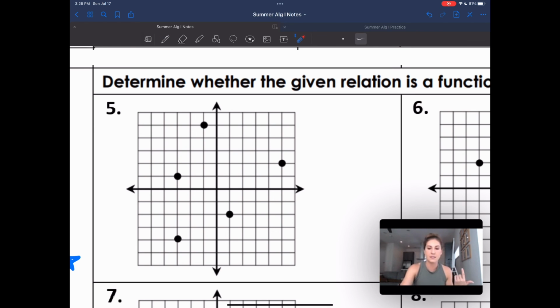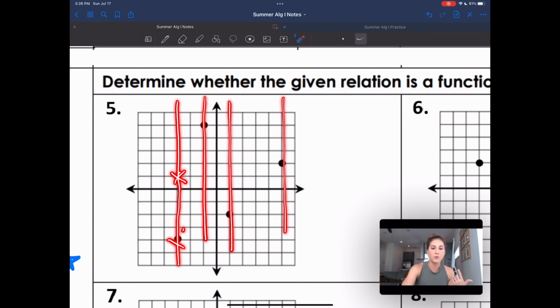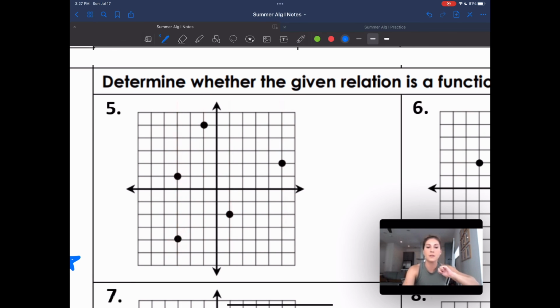So for instance, over here, that's just hitting the graph once. This is hitting the graph once. So far we're good until here. Vertical line, boom, boom. We hit 2 times, and that cannot happen in a function. So this one fails the vertical line test, so not a function.